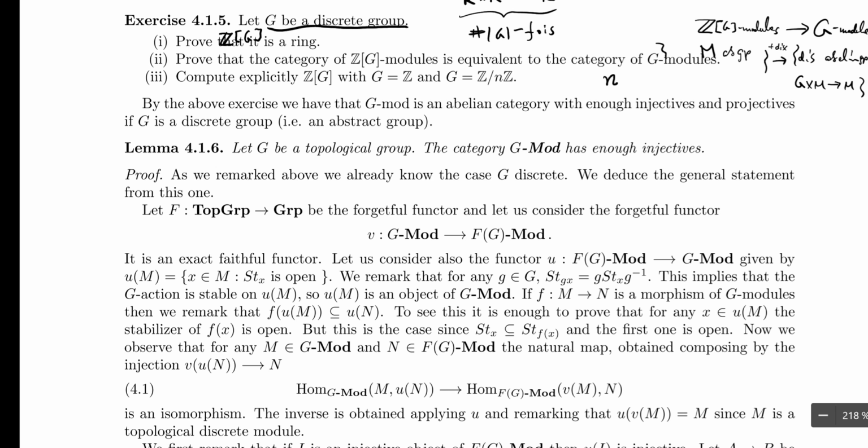For example, m_g1 times m_g2 acting on m should be equal to m_g1 m_g2. This one is fixing the point e.